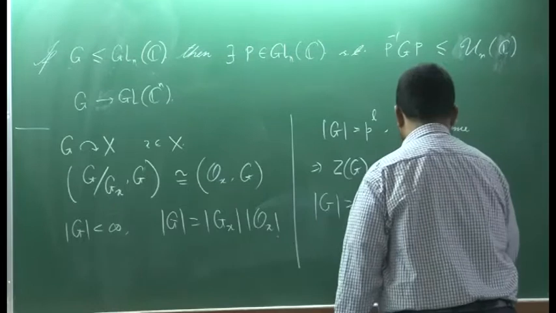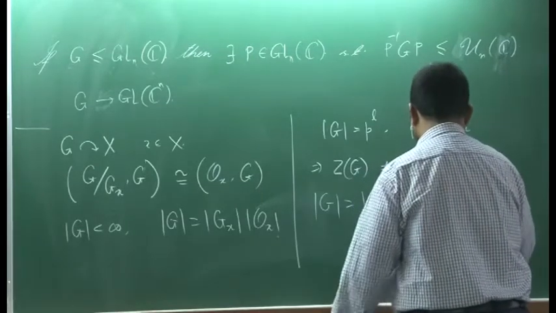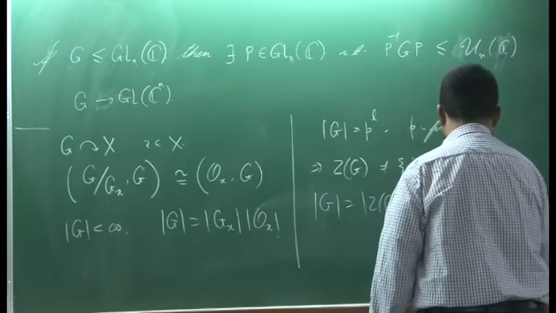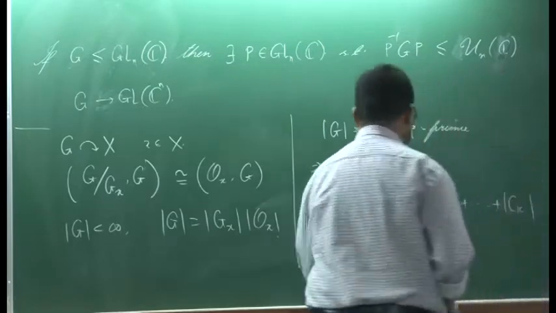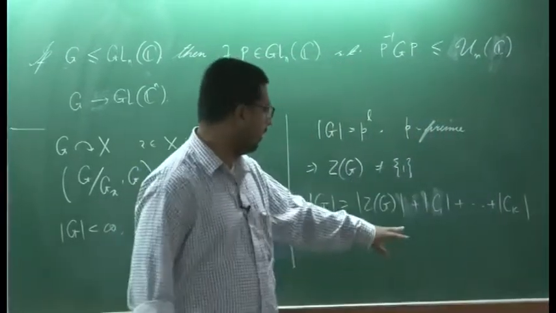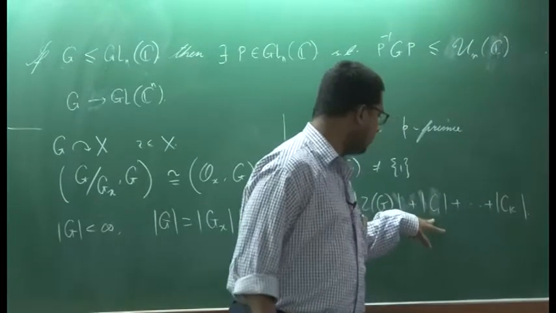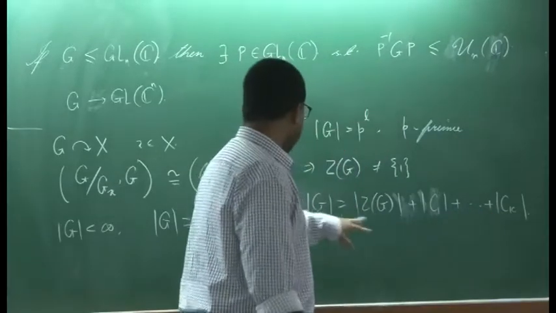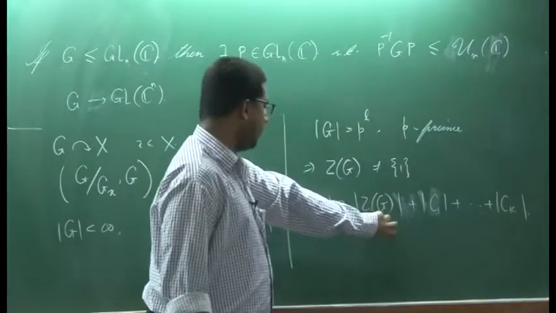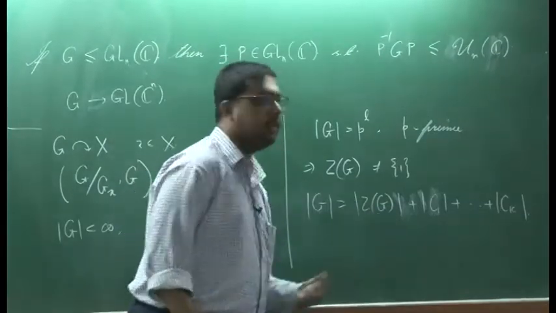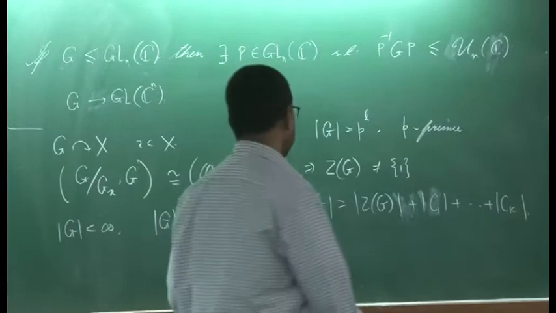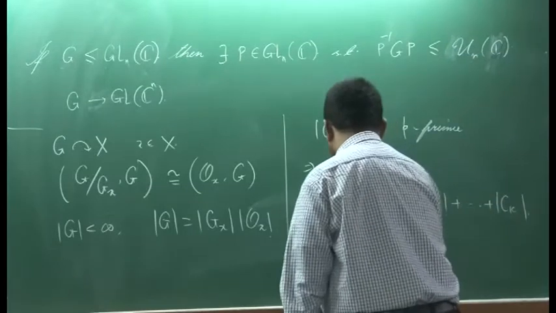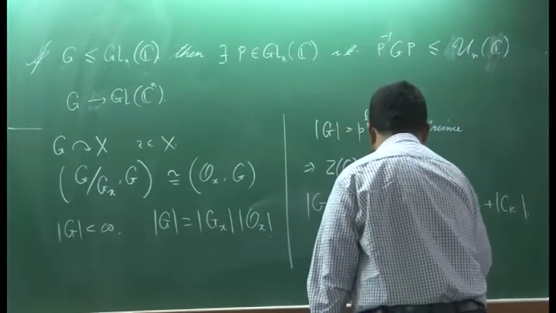Then G is nothing but ZG plus the non-trivial orbits. If we denote those non-trivial orbits by C1 up to Ck, then the order of each of these is divisible by P, so P has to divide this. But since the identity lies in ZG, this has to be greater or equal to 1. So if P divides this and the quantity is greater or equal to 1, it follows that this is at least P.